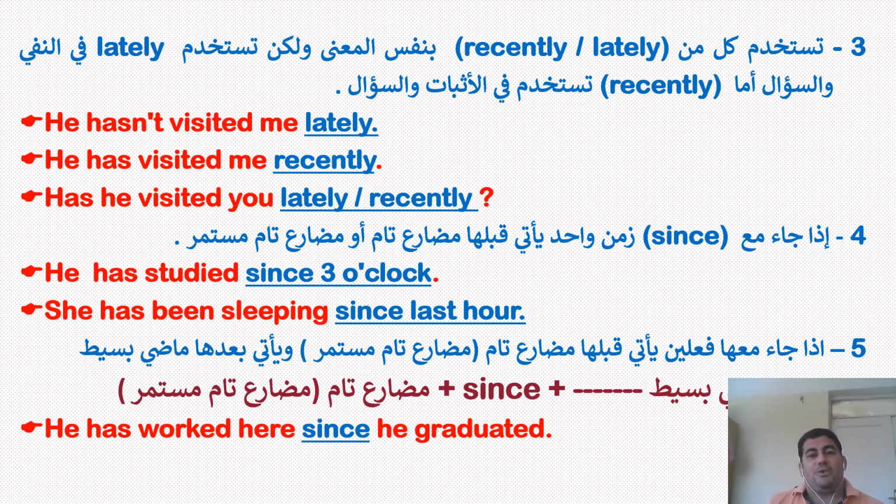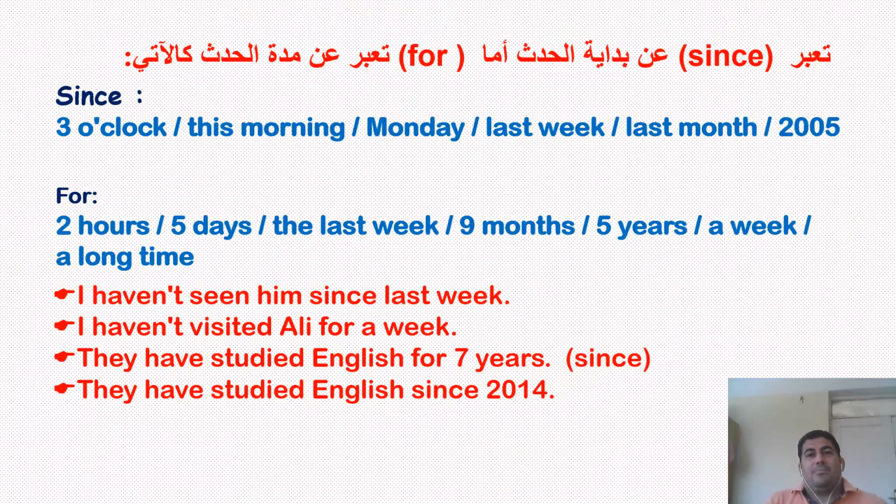He has worked here since he graduated. Again, he has worked here since he graduated. But since it can express the beginning of the action, or it must be followed by a time expression that can show the beginning of the action.